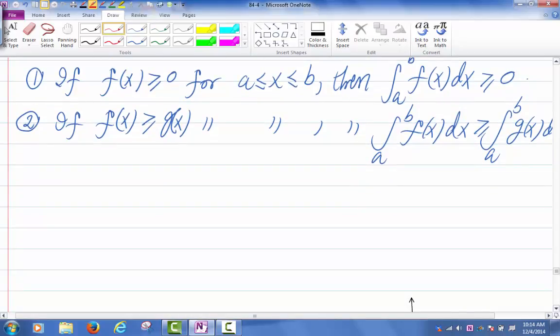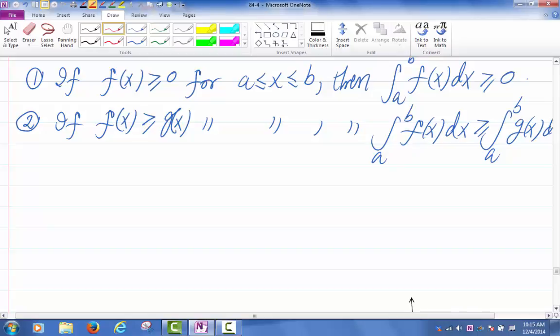Just think about it in this way. Suppose that f and g are speed functions. Let's say f is the speed function for, I don't know, a rabbit, and g of x is the speed function for a turtle. The speed function for the rabbit is bigger than the speed function for the turtle.